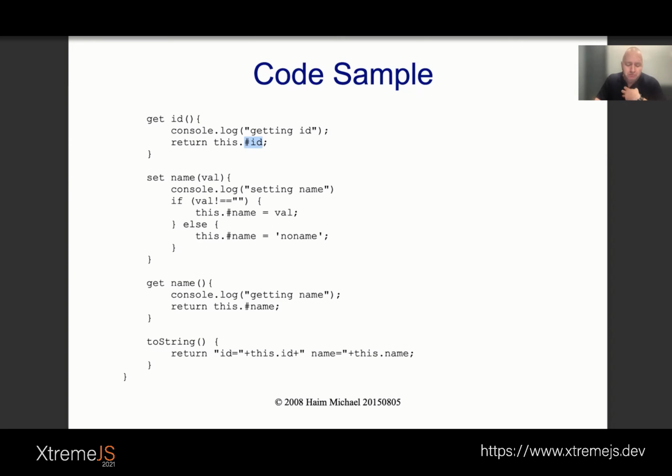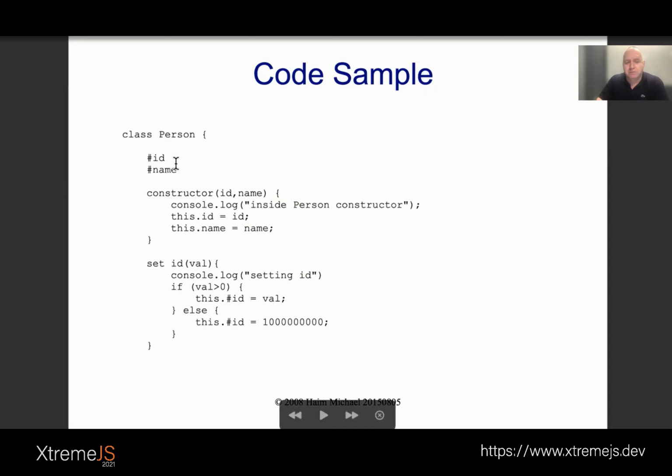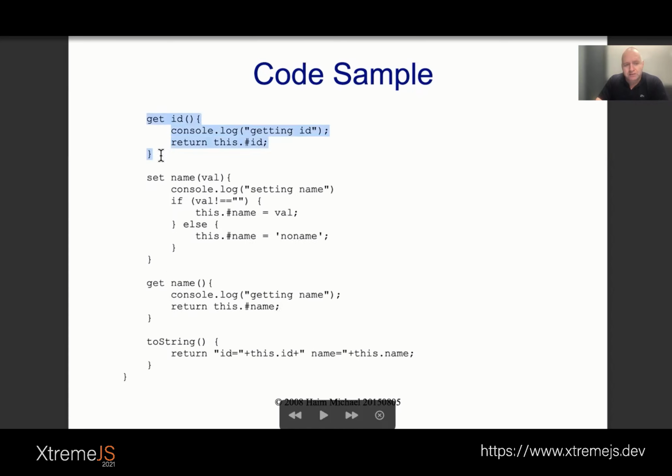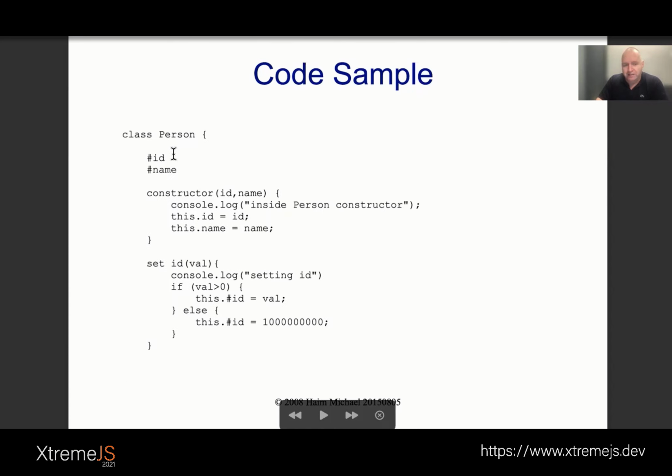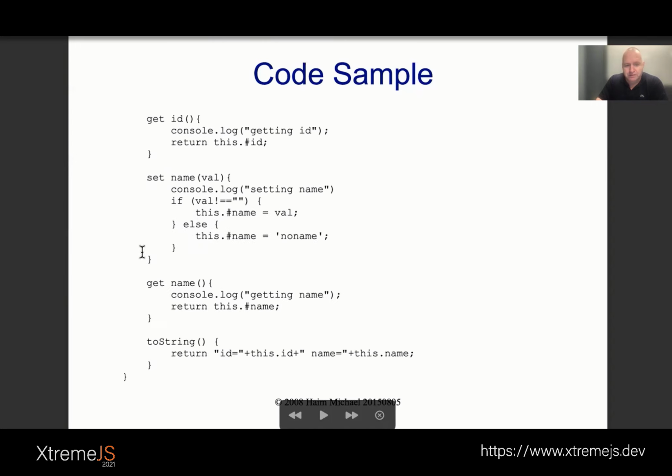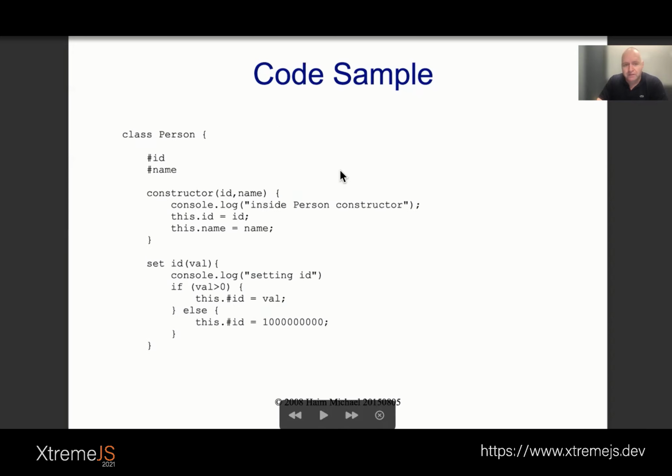So I recommend that if you define a class in JavaScript, make sure that the variables are defined as private, and then define the so-called two methods. Here, these two methods are for handling this variable, and these two methods are for handling this variable.